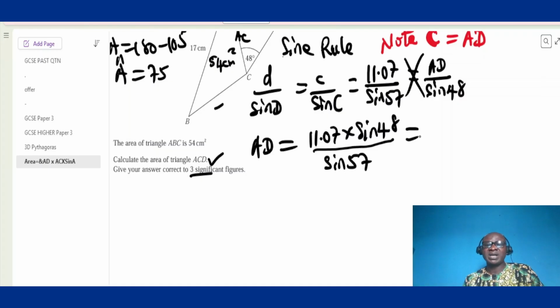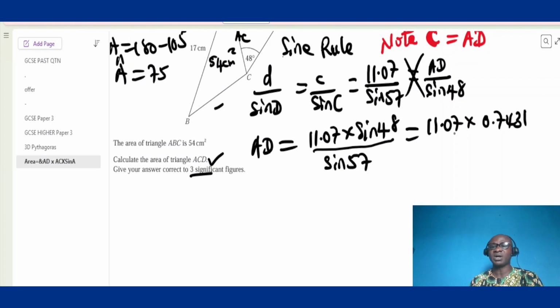All right. Therefore, the value of sine 48 is equal to, so I write 11.07 multiplied by sine 48, which is 0.7431, divided by the value of sine 57, which is 0.8386.